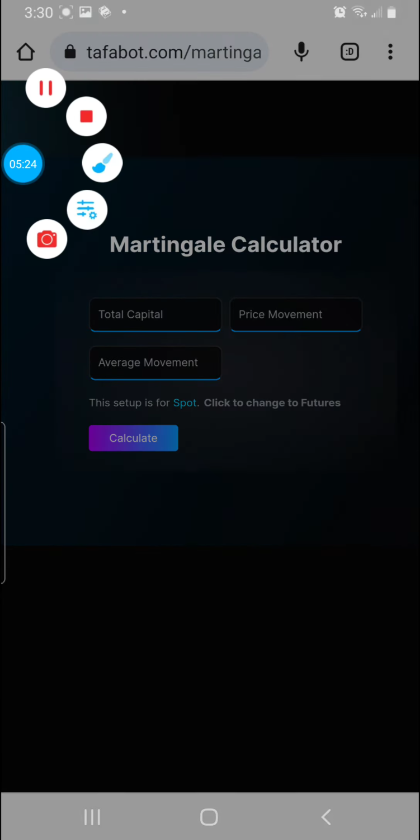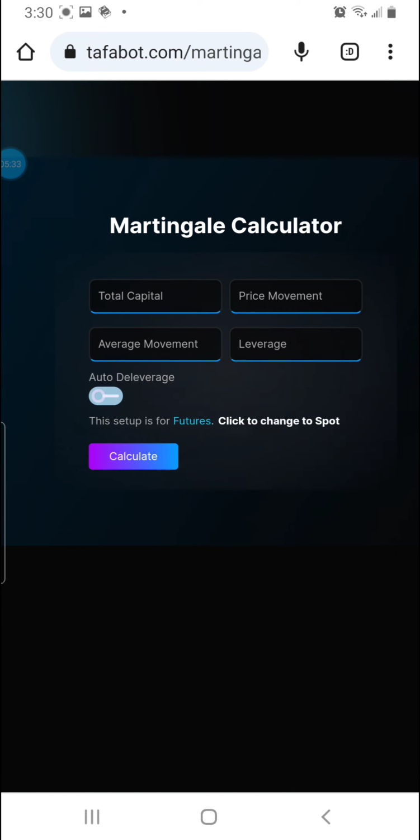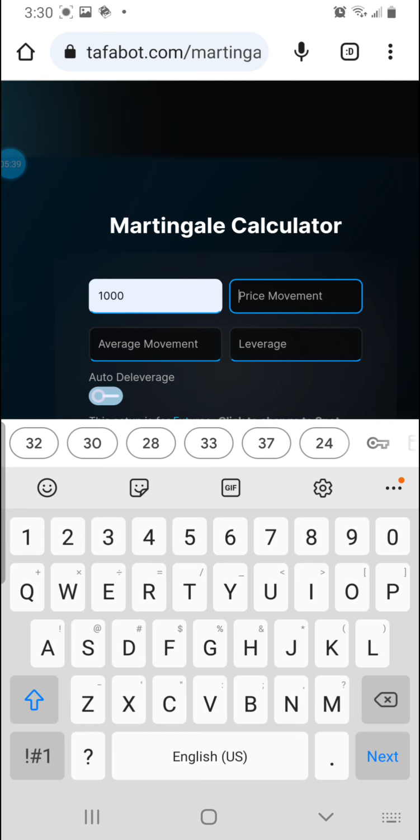Now please take note that presently it is on default spot, but don't forget we are trying to work on futures. So we click futures, and now I'll put my capital here, which is 1000, and then price movement. How do I get price movement? If you are technically sound, you can go check through the charts and pick your price movement.